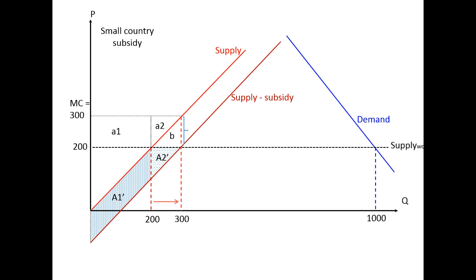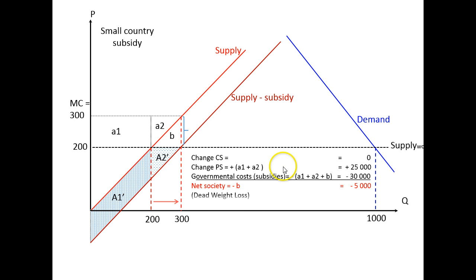The change in consumer surplus will be 0 since they are not affected. The change in producer surplus will be positive A1 and A2, that's 25,000. And governmental costs for subsidies will be A1, A2 and B, that's 30,000. Therefore the net society loss will be the B area, the deadweight loss in this case, which is just 5,000.